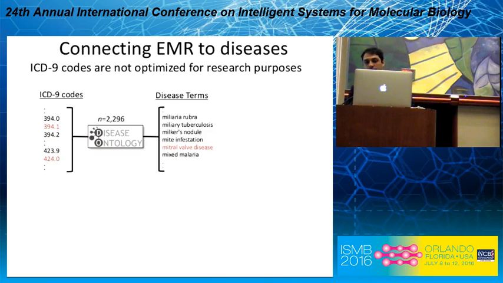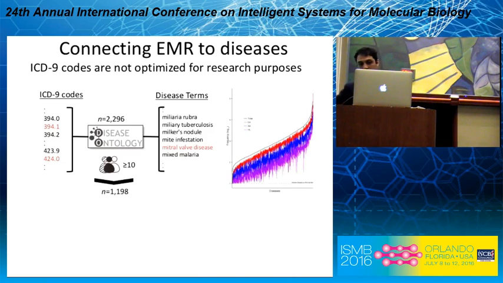Out of the 2,000 disease terms in disease ontology that have at least one ICD code, we can further refine them to diseases that have at least 10 people of each racial background in our cohort, which leaves about 1,200 diseases.